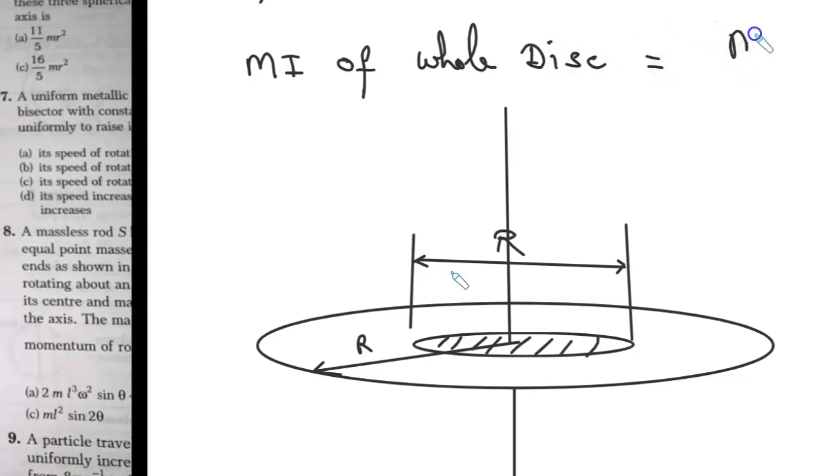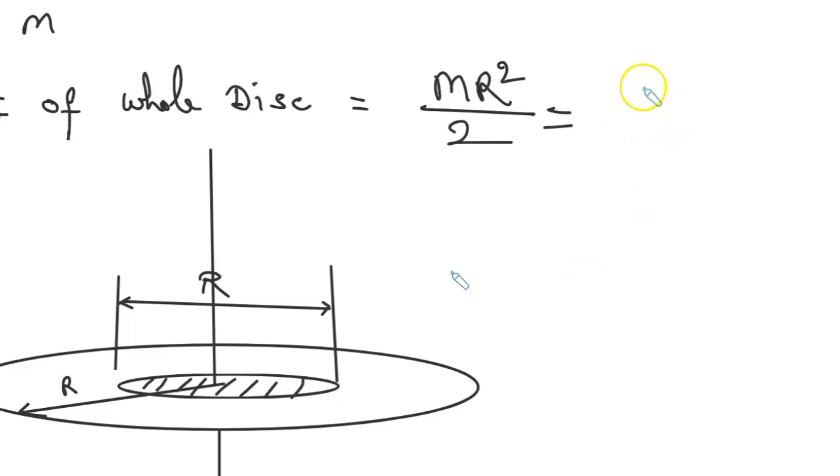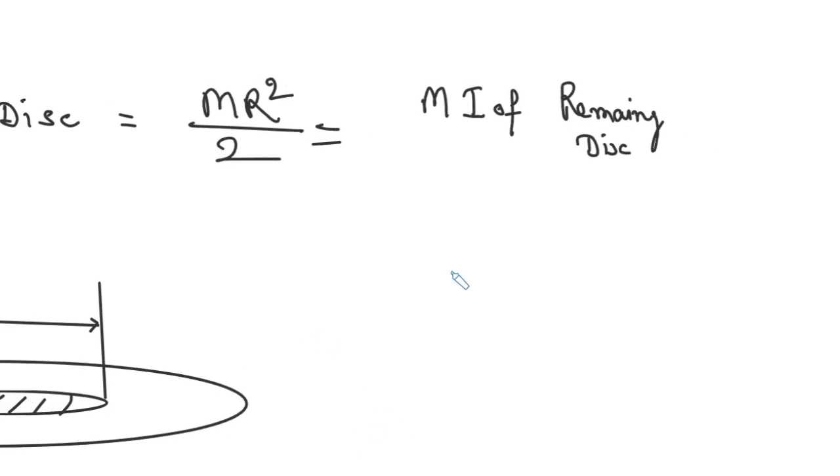This equals the moment of inertia of the remaining part, I1, plus the cut part.